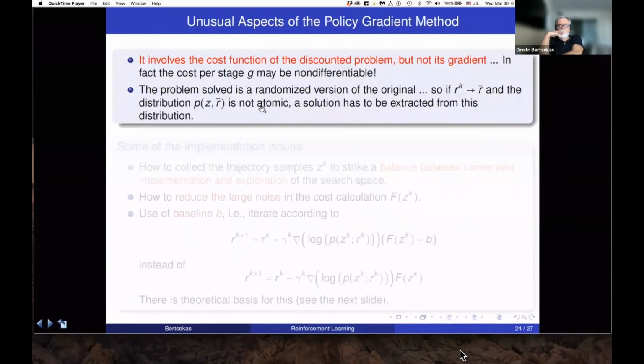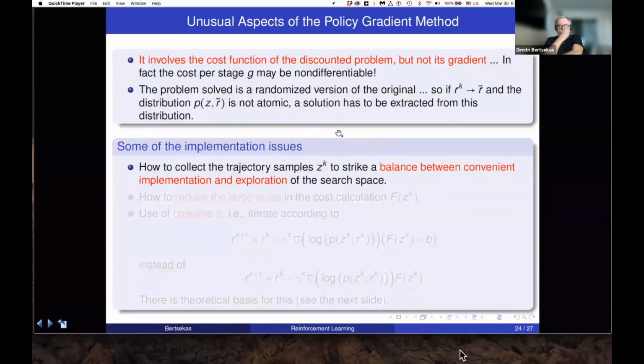You are interested in atomic distributions. So if you get a randomized policy, in particular, you'll have to make it deterministic to apply it online. So that's another difficulty here.